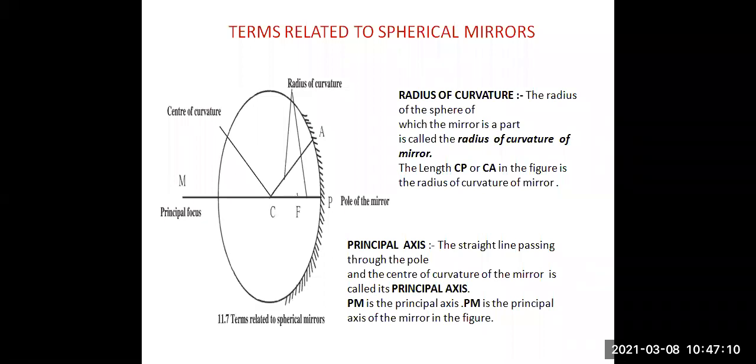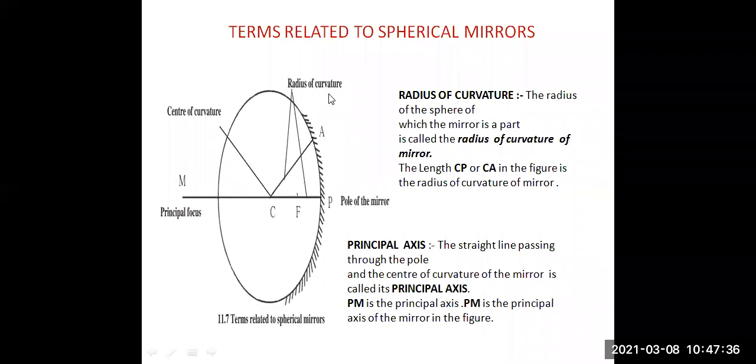The radius of a sphere of which the mirror is a part is called the radius of curvature of the mirror. The lengths CP and CA in the figure are the radius of curvature of the mirror. Both are denoted by the name radius of curvature. On the top, you can see it.